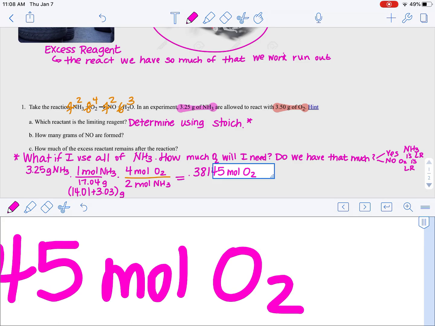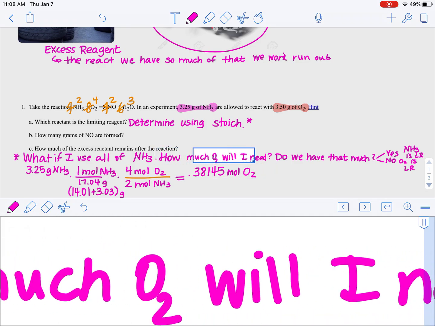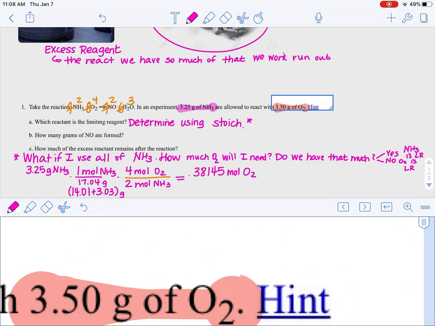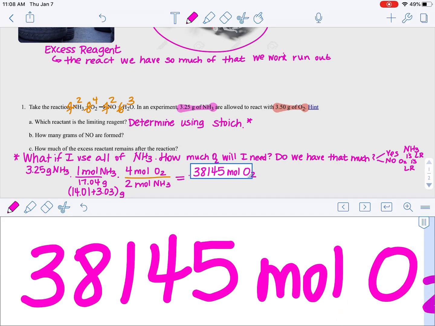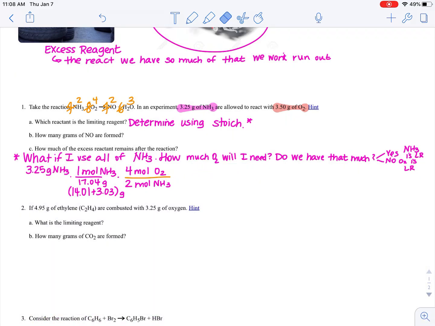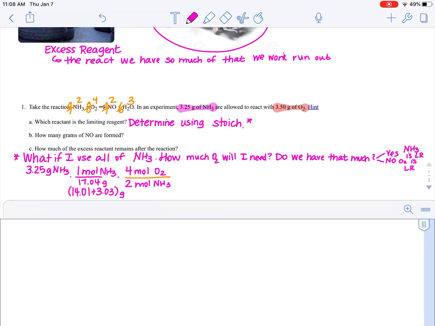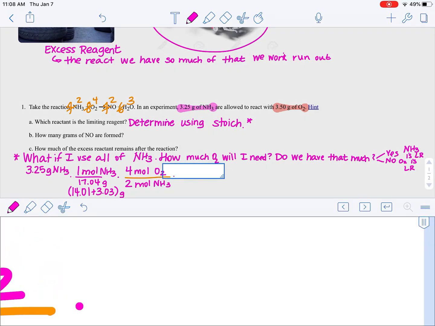Oh, nuts. I need to go one more step, because when I'm asking how much oxygen will I need, the data for oxygen is given to me in grams. Okay, so let me just keep going with my stoichiometry for a minute here.